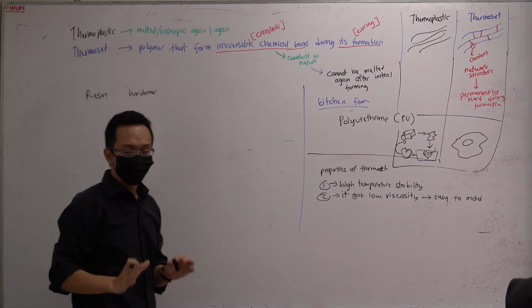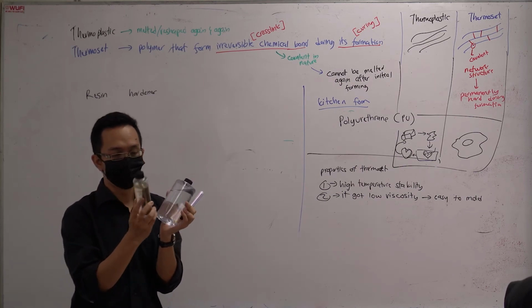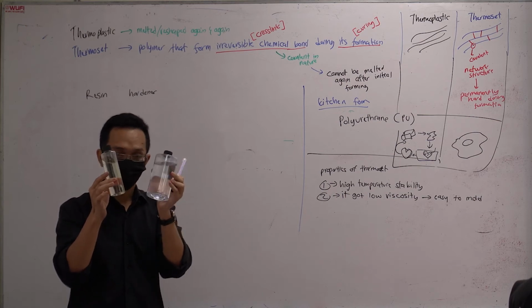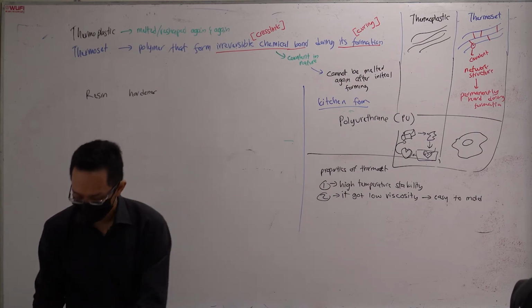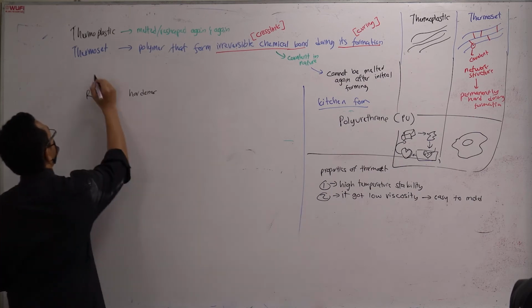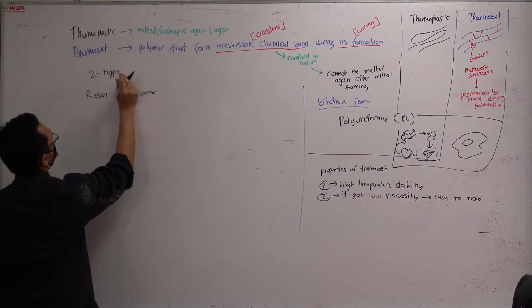Normally for epoxy, when they use two types of material like this, two liquids like this, usually the thermoset is called two-type curing thermoset.